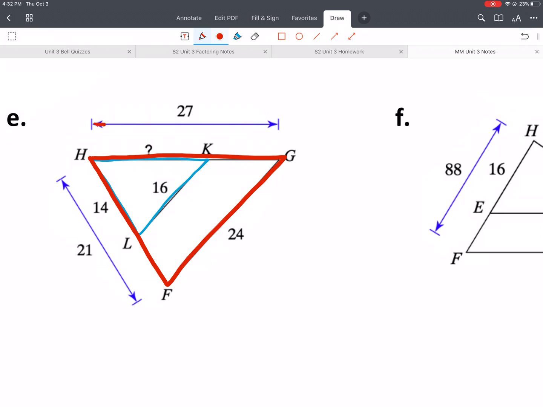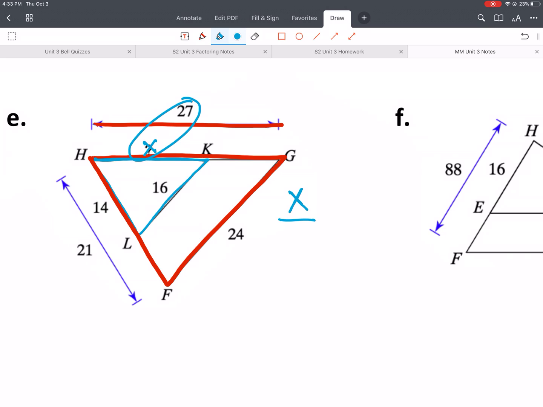So this 27 corresponds to the big triangle, and right here, that question mark, what they're asking for is that short side of the small triangle. They don't give us the similarity statement, but since it's like a triangle inside of a triangle, these two would correspond.